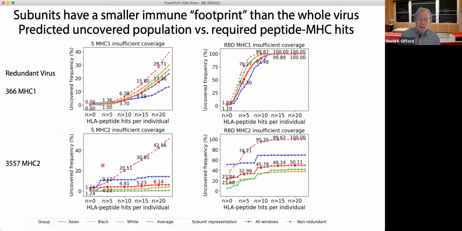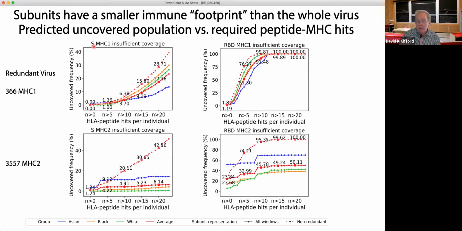And what you can see is that if the x-axis is the number of required hits, the y-axis is the uncovered fraction of the population that does not display that number of hits. What we can observe is that as the number of required hits increases, the fraction of the population that does not display that obviously increases.